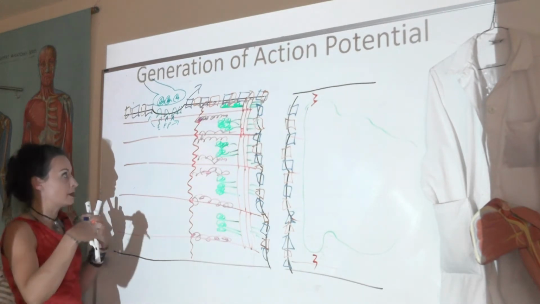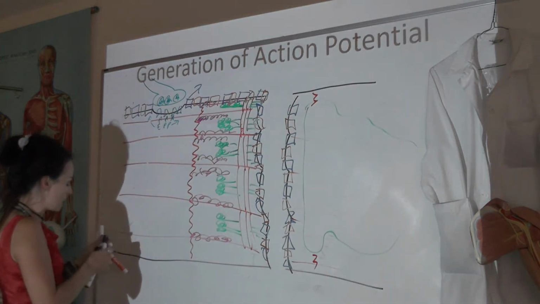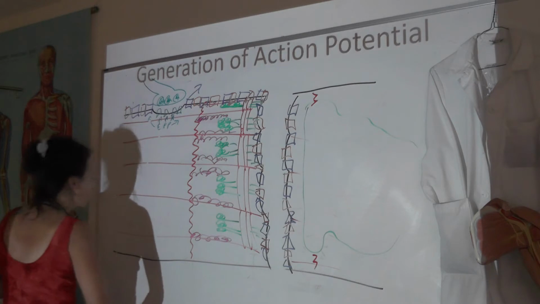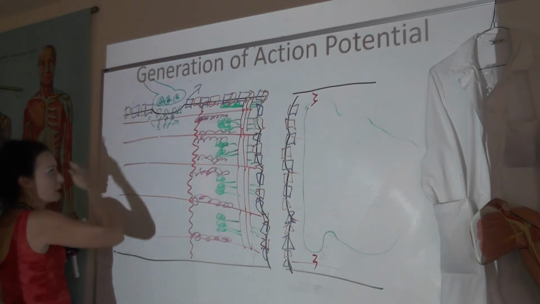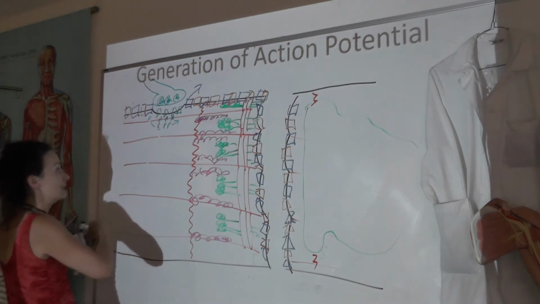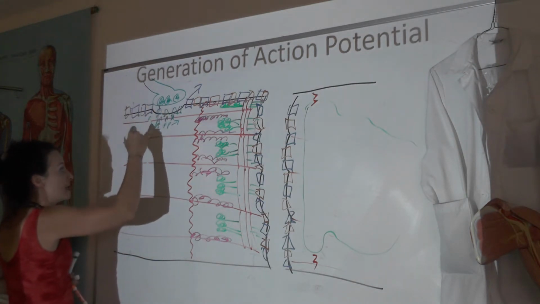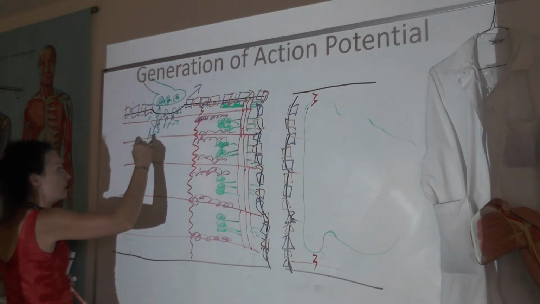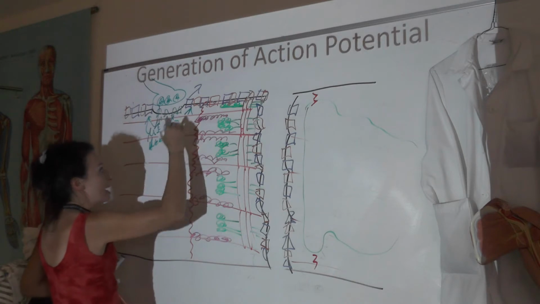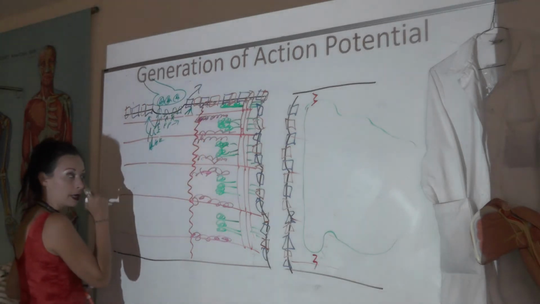So, a couple things that we can put together here is that this end plate potential is going to be the net influx of sodium that occurs when we open this acetylcholine-gated cation channel, and that net influx of sodium then will be this graded depolarizing event that will add up to open our voltage-gated sodium channels.